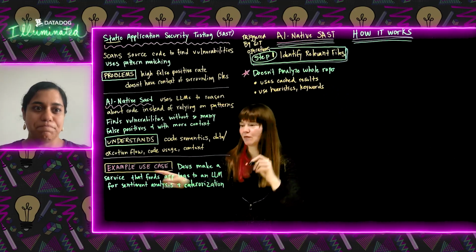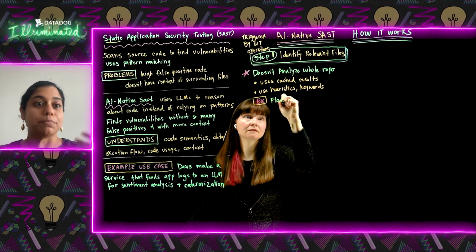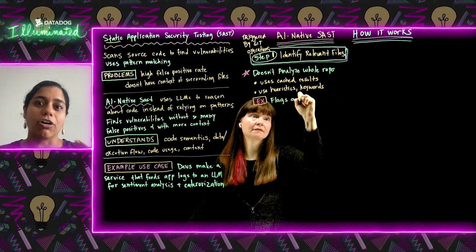What happened with our example use case here? In this case, for a prompt injection, we basically want to identify places where prompt calls or LLM calls might be happening, where agents might be being invoked, straight prompting is happening, things like that. And so this first step of identifying relevant files is a combination of us literally looking for patterns in the code, like prompts, certain types of function calls, things like that.